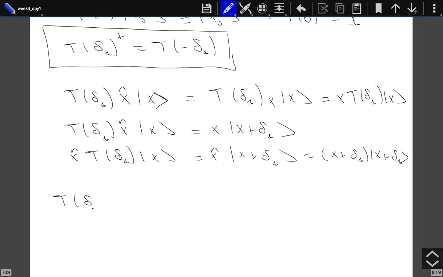So what can I say? T delta 1 x hat minus x hat T delta 1, that is their commutator, acting on any position eigenket is actually just delta 1 times |x plus delta 1⟩.